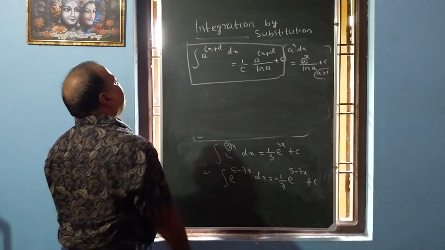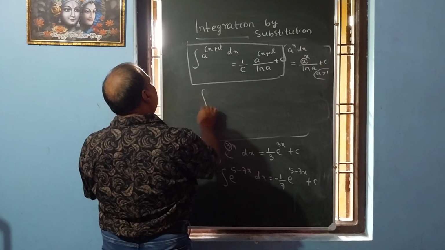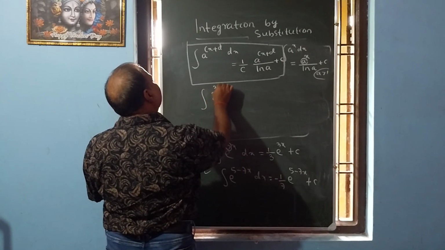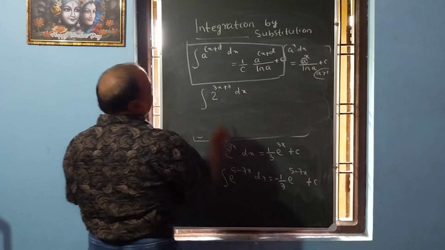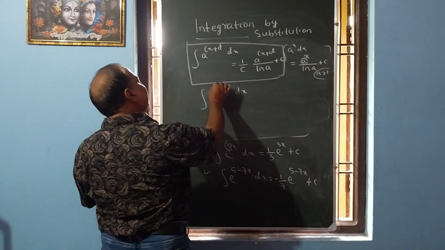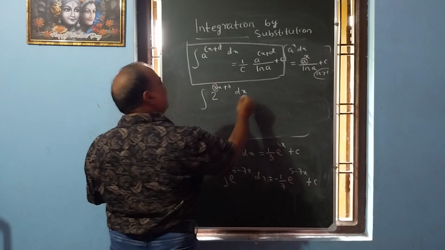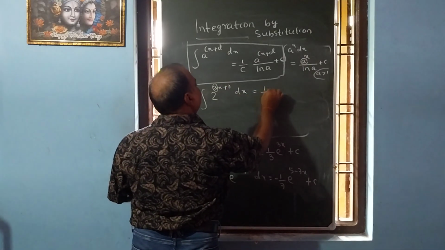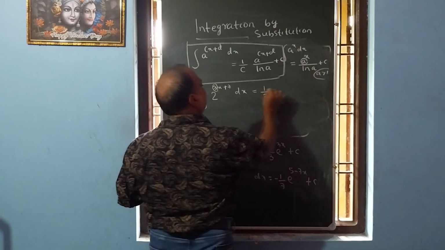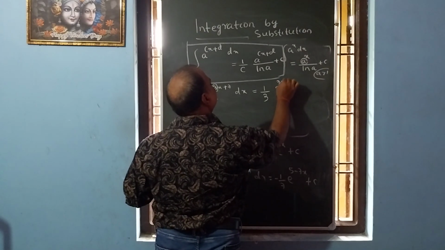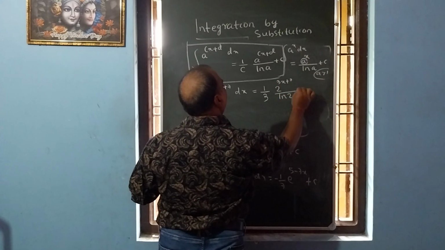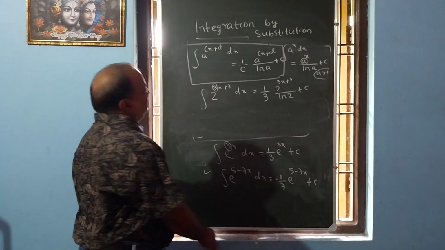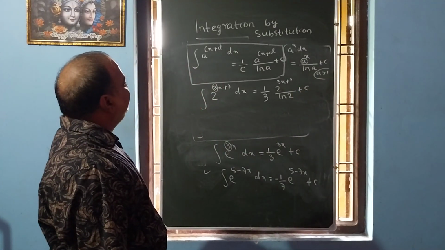So now we have to integrate some examples: 2 to the power 3x plus 7 dx. You see here, the coefficient of x is 3, so that will be divided, 1 by 3. So we get 2 to the power 3x plus 7 divided by ln 2 plus c. Okay? So this is one type.